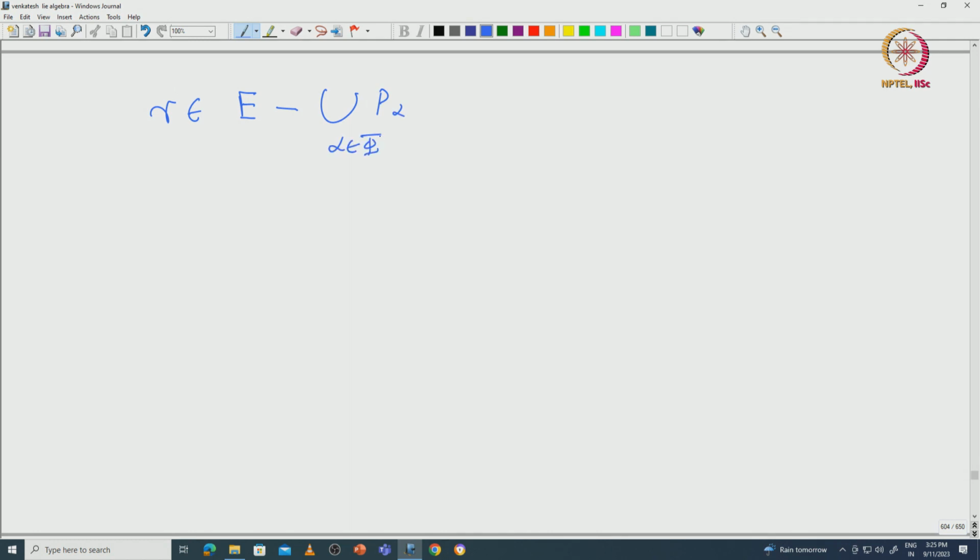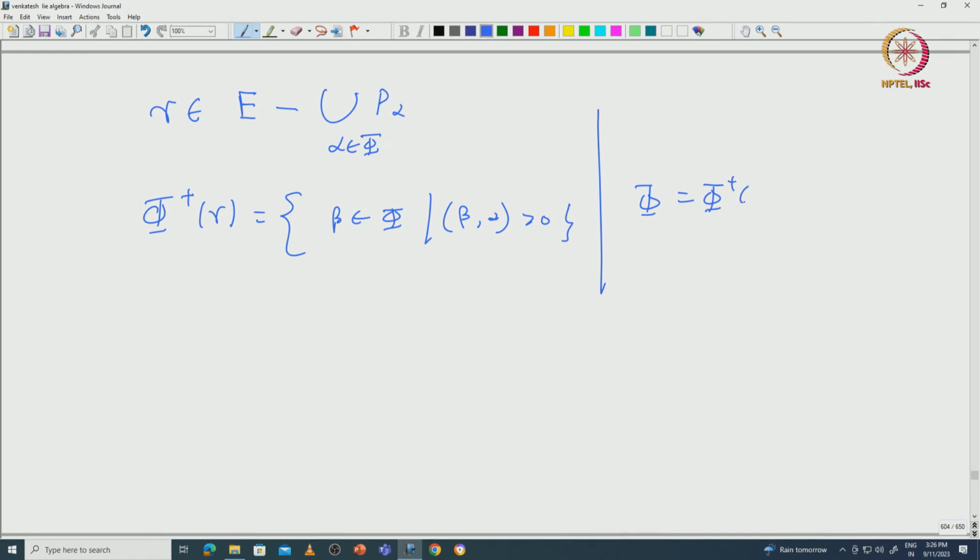This gamma allows us to divide phi into two sets: those roots lying on the positive side of p gamma, and those on the negative side. That allows us to define phi plus of gamma, those beta in phi such that the inner product of beta and gamma is positive. Then it is clear that phi can be written as the disjoint union of phi plus of gamma and phi minus of gamma.